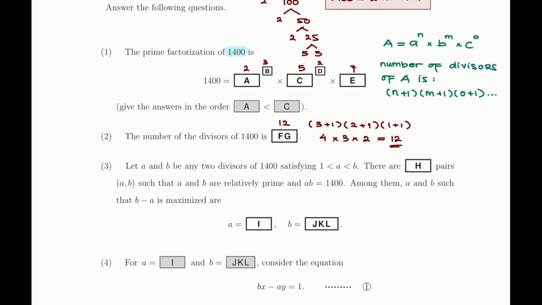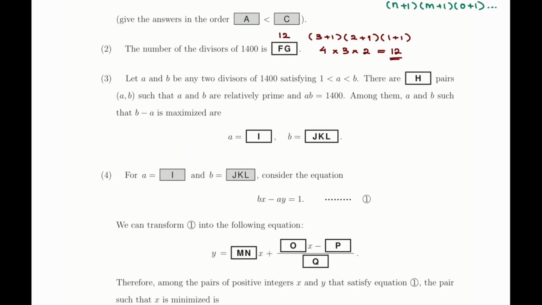And then the third question: let A and B be any two divisors of 1400 satisfying 1 less than A less than B, and AB equals 1400. How many pairs of A and B are there such that A and B are relatively prime?